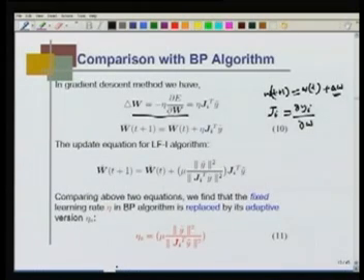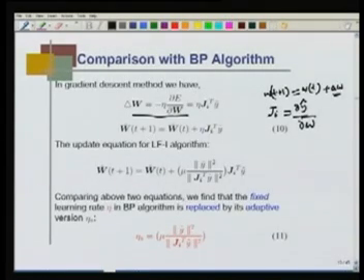So, del y hat by del w is J I. So, this equation, eta J I transpose y tilde, is the same as minus eta del E upon del w.